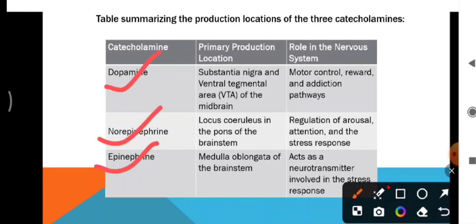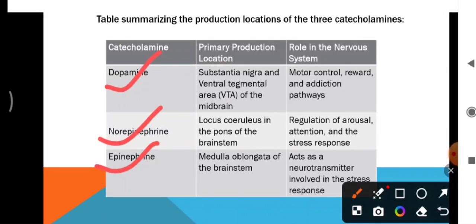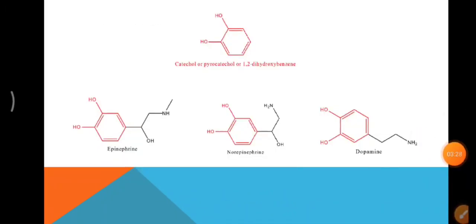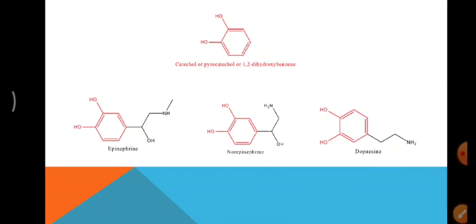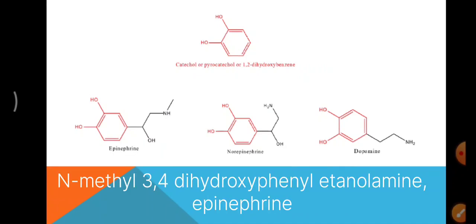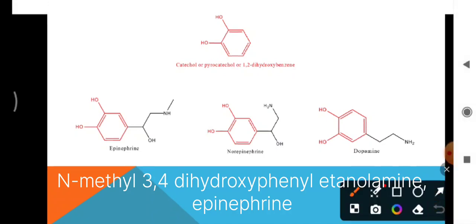All these neurotransmitters have a specific role in the nervous system. These catecholamines play a significant role in the functioning of the nervous system, including modulating mood, arousal, and the stress response. The first of these catecholamines to be identified was N-methyl 3,4-dihydroxyphenylethylamine, that is epinephrine or adrenaline.